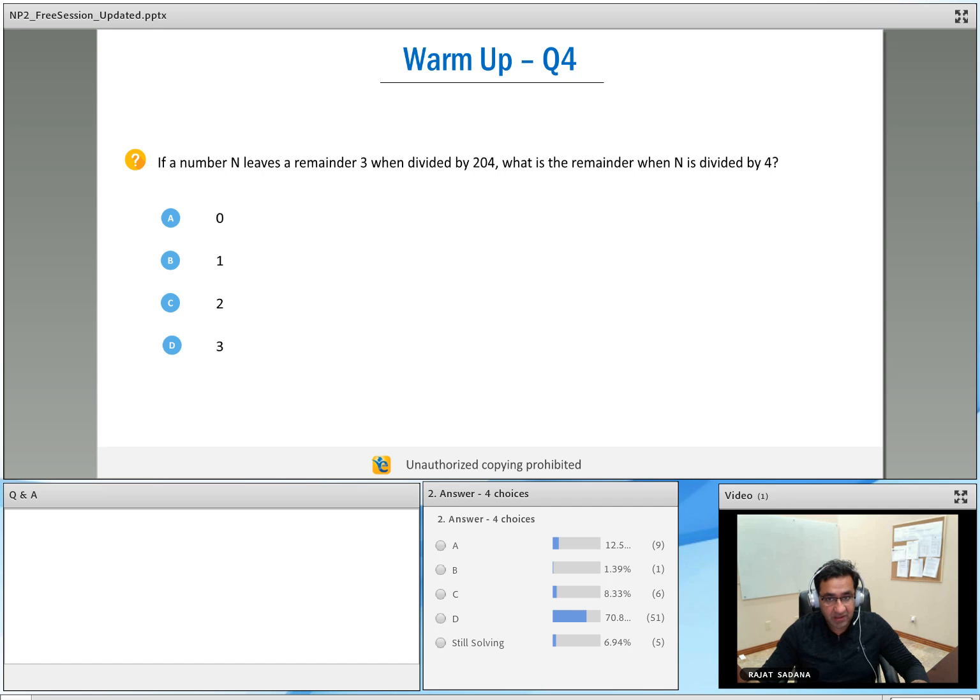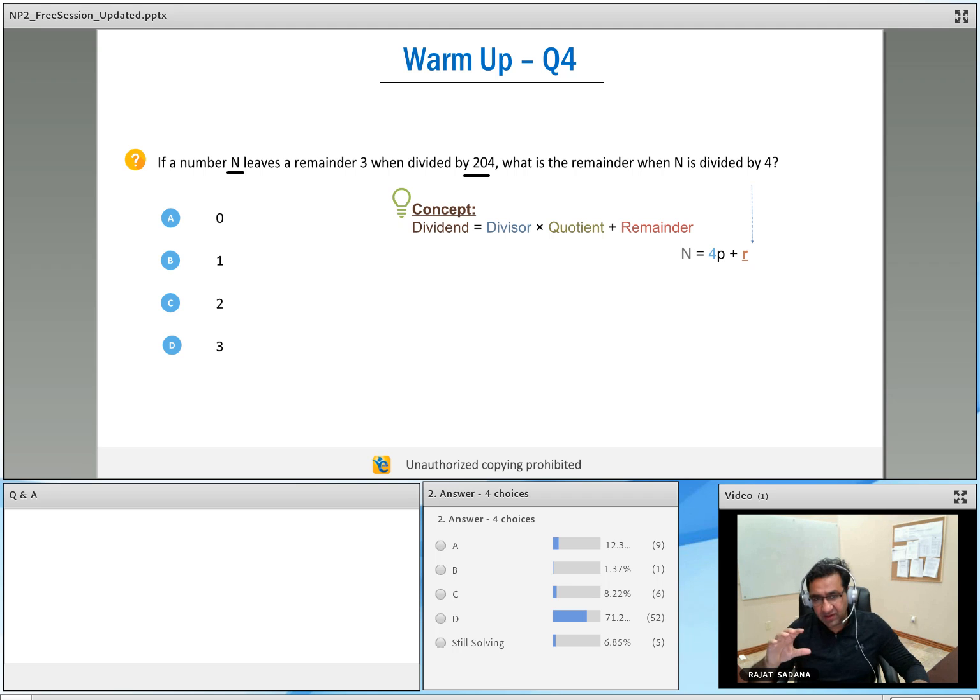The concept that we're using is, hey, when you look at a number n, which is your dividend, it can be expressed as divisor multiplied by quotient plus remainder. So what this tells us is, if this number leaves a remainder 3 when divided by 204, we can express n as a multiple of 204 plus a remainder.